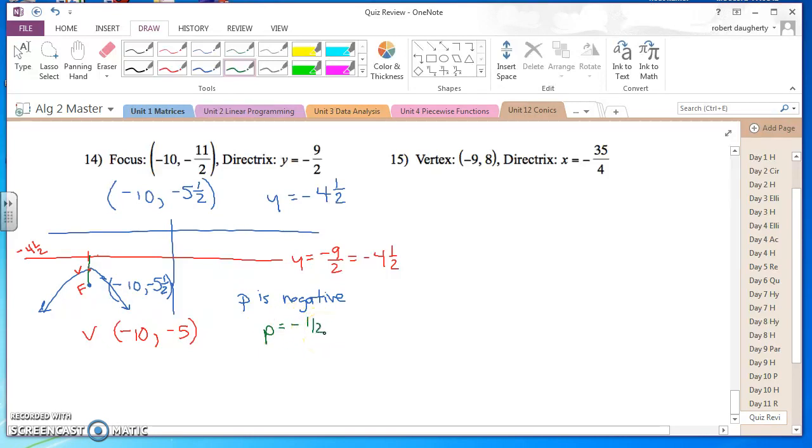So now the standard form of this equation is going to be y minus k is equal to 1 over 4p times x minus h squared. So if I do 1 over 4, and I know that p is negative 1/2, this is 1 over negative 2, or negative 1/2.